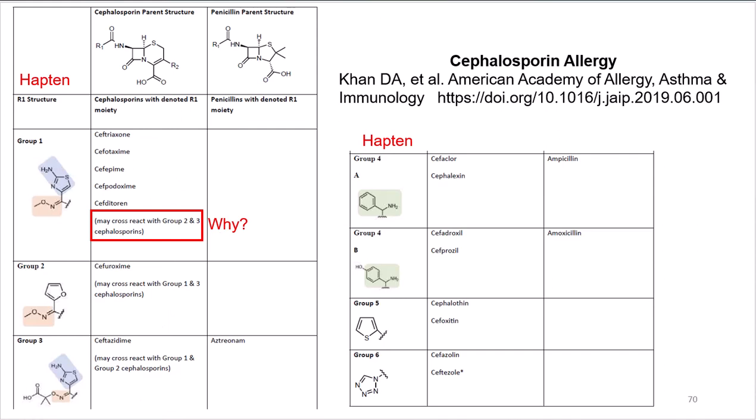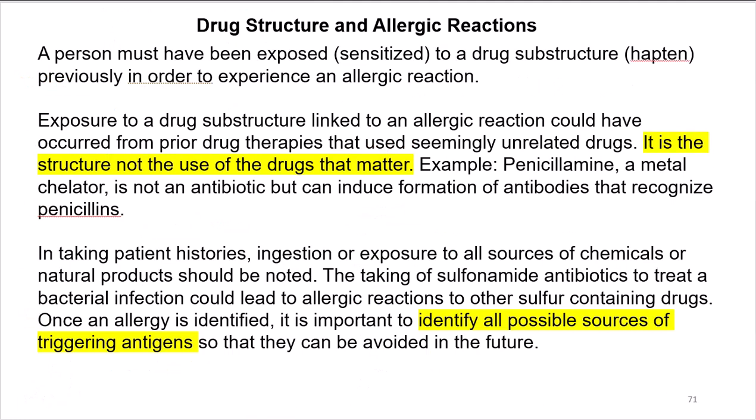And if they have a reaction against one from group 1 and group 3 and not group 2, then by deduction, you can assume the reaction might be against this heterocyclic ring and not against this hydroxyamine. Would you ever do that? No. But scientifically, you could.